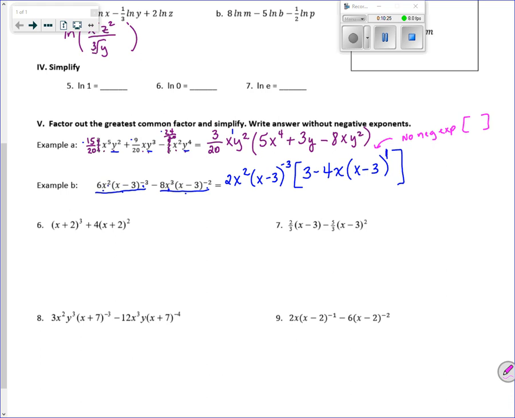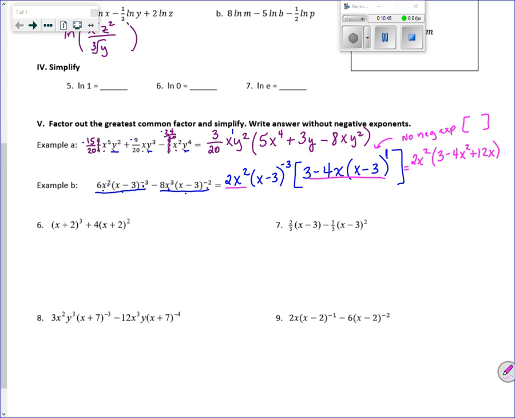Since it says no negative exponents, I would have 2x squared on top. This guy will also be on top, so I'm just kind of cleaning that up. 3 minus 4x squared plus 12x, I believe.